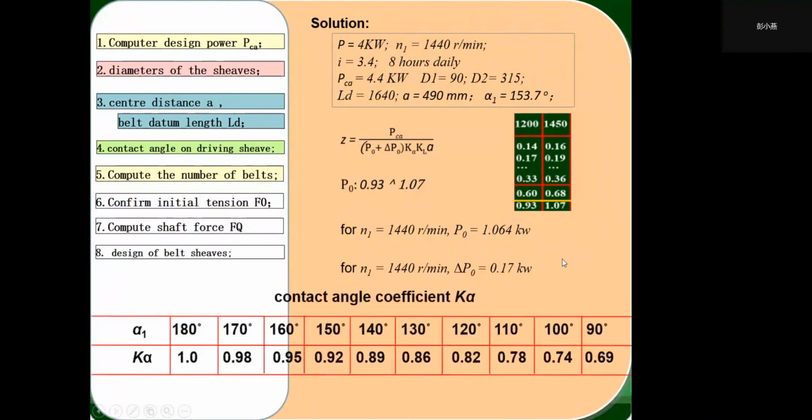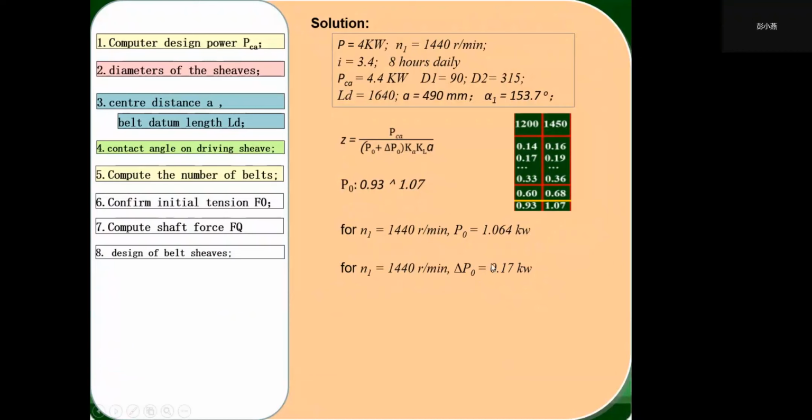Okay, the point is 0.17. It can calculate the delta P0.